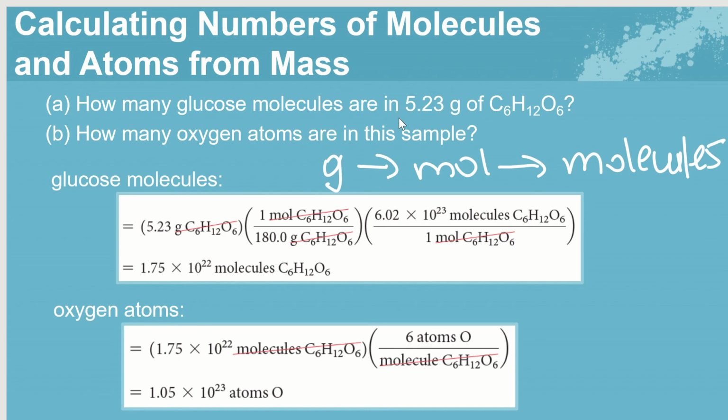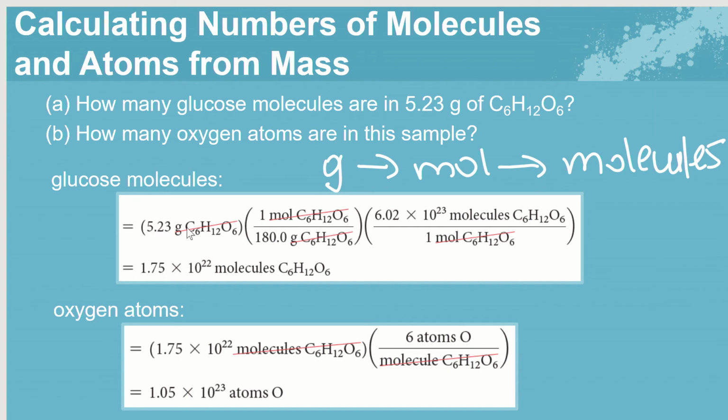In this case, we're given grams, and we're asked to calculate molecules. In a similar fashion as we saw before, we're going from grams to moles and then to molecules, because previously we looked at atoms, but here we're going to molecules. So we have our two conversion factors, because we're going from grams to moles and then from moles to molecules.